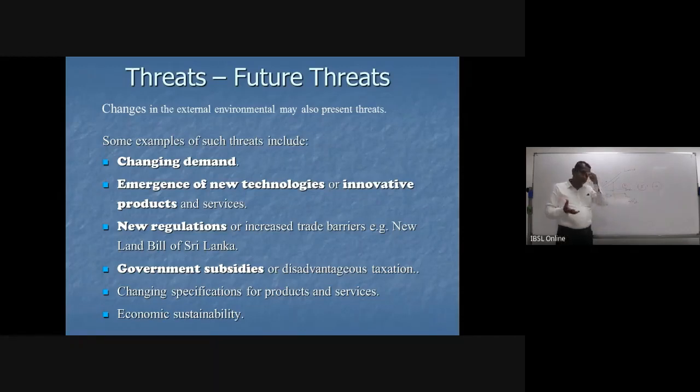So, mobile phones. See how fast the mobile technology changes. Every other year you may be changing your mobile. Why? The technology changed, new models came. So you can't have stocks with larger amounts.